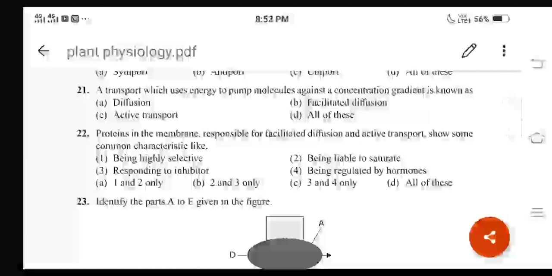And for question number 22, option D is the right answer. All of these. Okay. Now, some common characters with relation to facilitated diffusion and active transport. Okay. They are being highly selective, being liable to saturate, then respond to inhibitors, then being regulated by hormones.